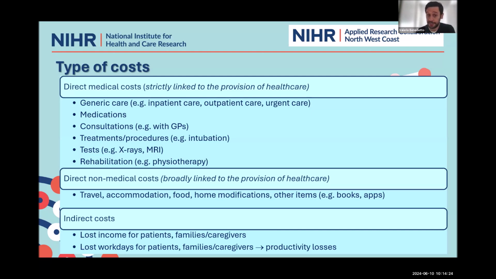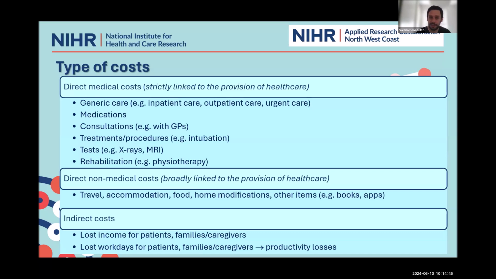They will lose work days, and the same for families and caregivers who provide care to the patient. And linked to that, you will have productivity losses, which the employer might have to take into account in terms of recruiting temporarily or permanently a member of staff.